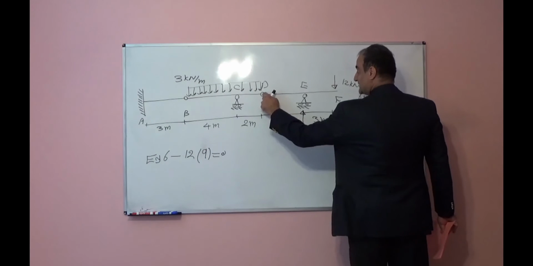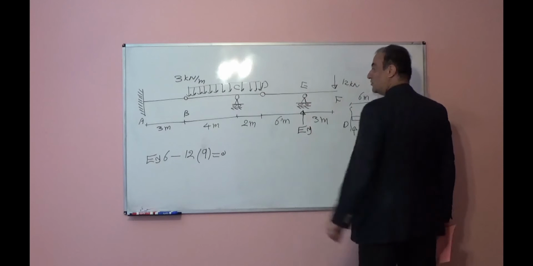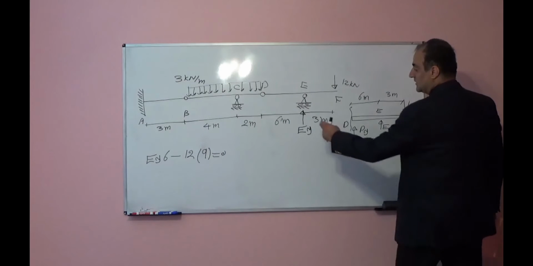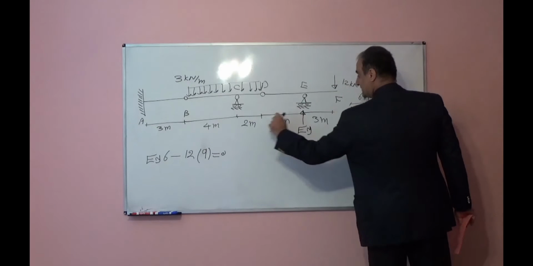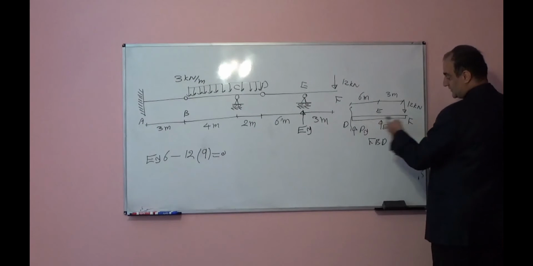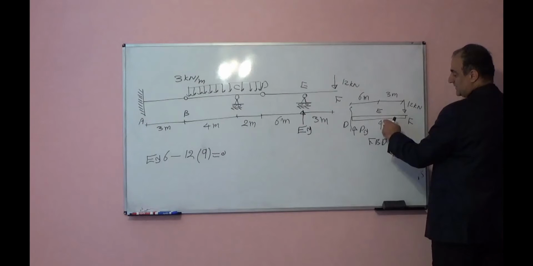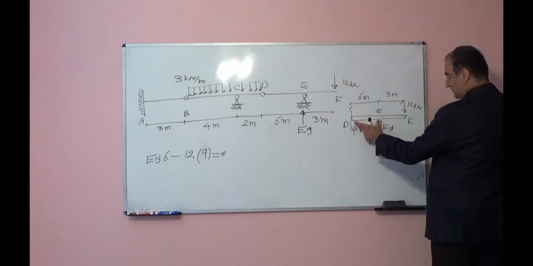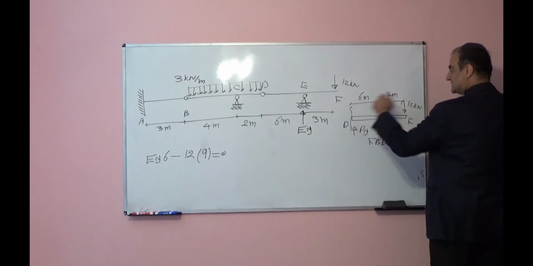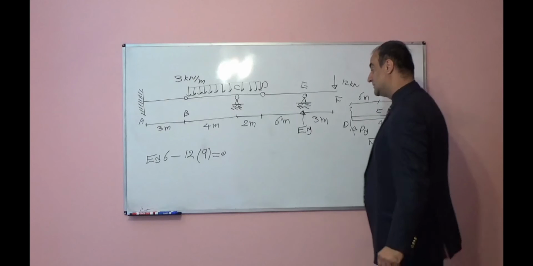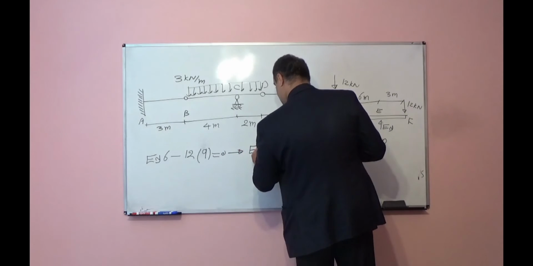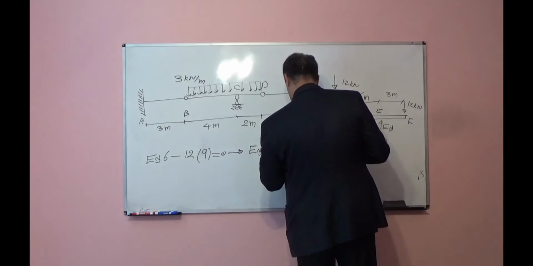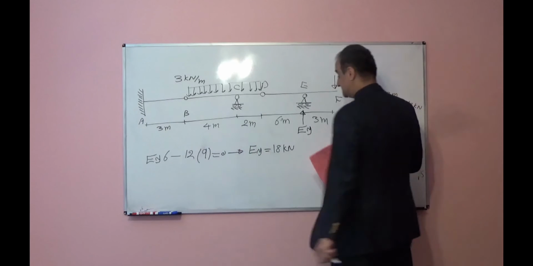I'm taking moment respect to here. This is a hinge, I know moment should be equal to 0. From here, I can find EY. EY will be equal to 18 kilonewton.